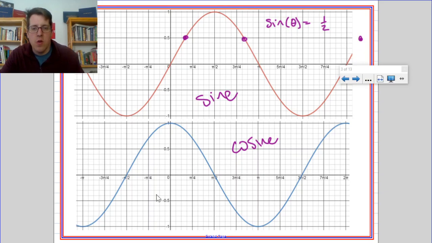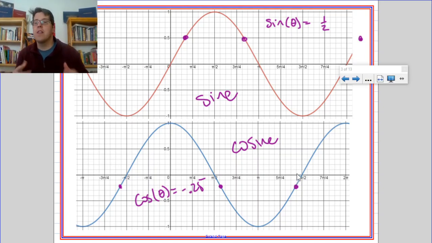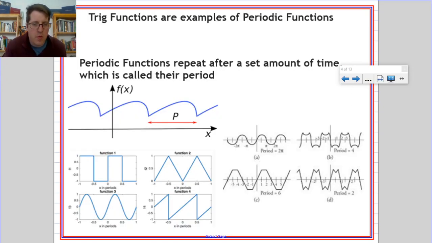If I say, where does the cosine equal negative 0.25? That would happen here, and here, and here. And the reason for this is because the sine and the cosine repeat forever. Okay? Functions that repeat after a set amount of time are called periodic functions.